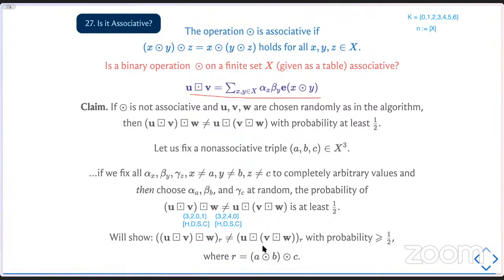So what we are saying is, suppose we are looking at A times B times C, let's say heart times diamond times spade, and let's say that turns out to be clubs. So we are saying on both sides, look at the element that's indexed by clubs. That's going to be different with a decent probability. That's what I want to say. I don't know if the notation is sensible or not, but unless I've terribly misunderstood something, both of these things here are vectors of k to the x.